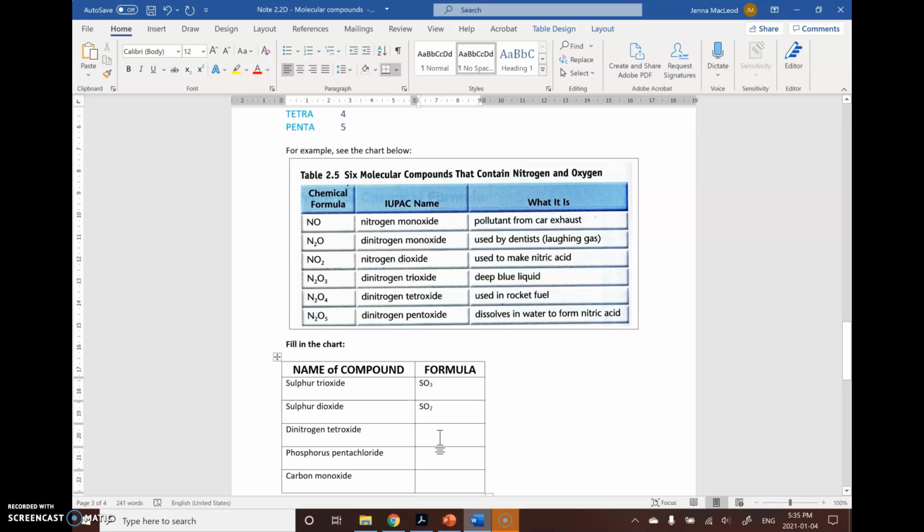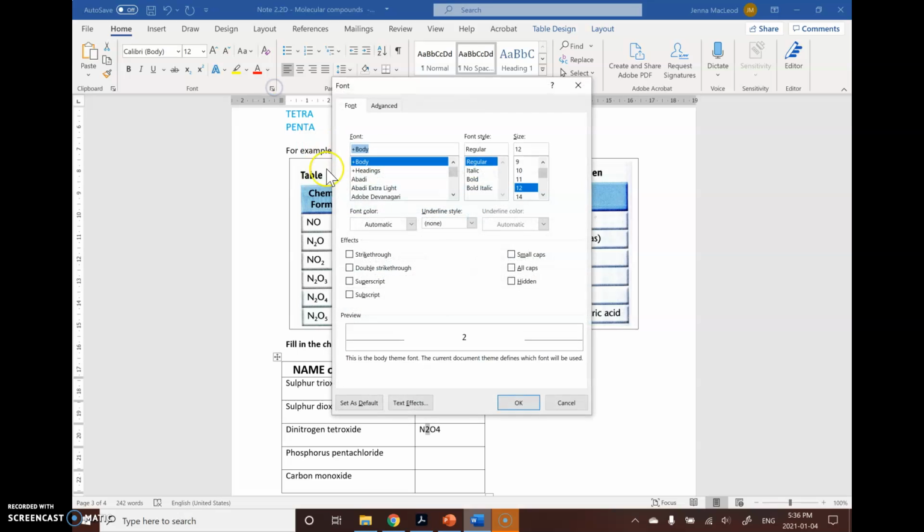Next is dinitrogen, so it's going to be a nitrogen with a 2, which would be tetra, which is 4. So that's going to be O4. I'm just going to make these subscripts just so you can see them.